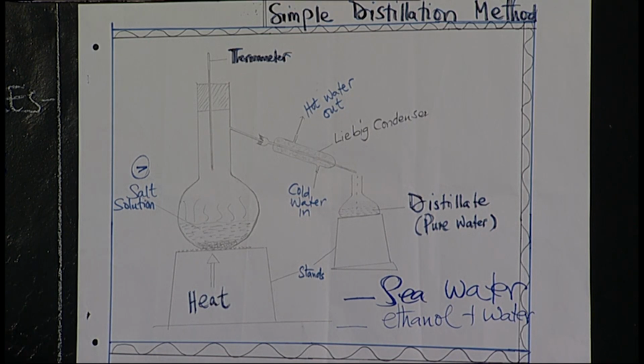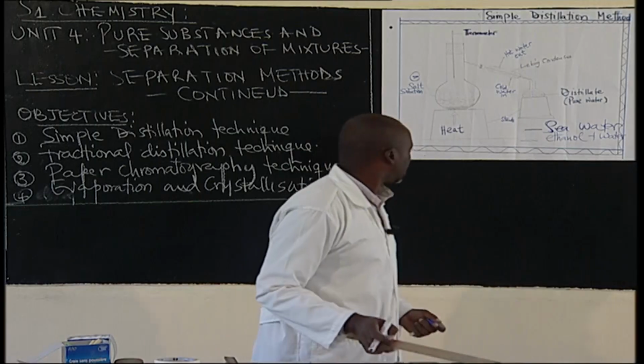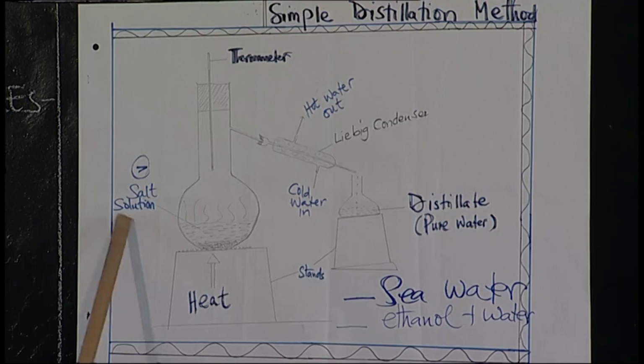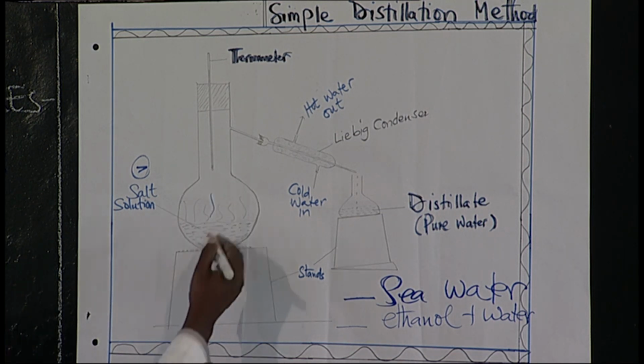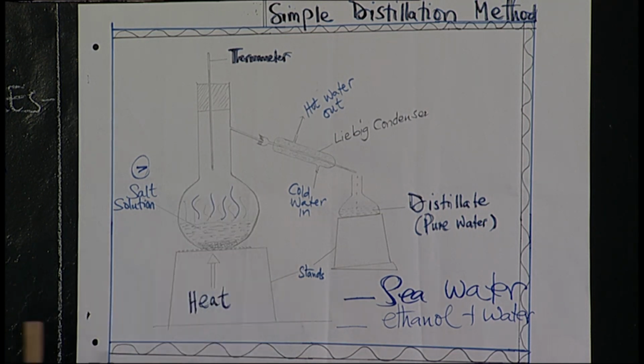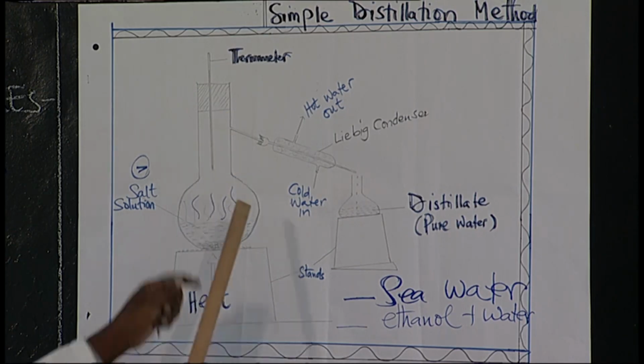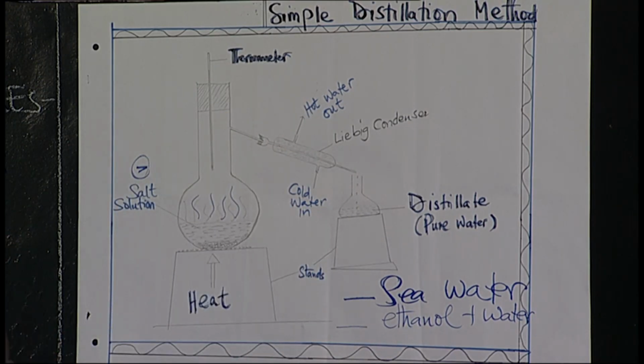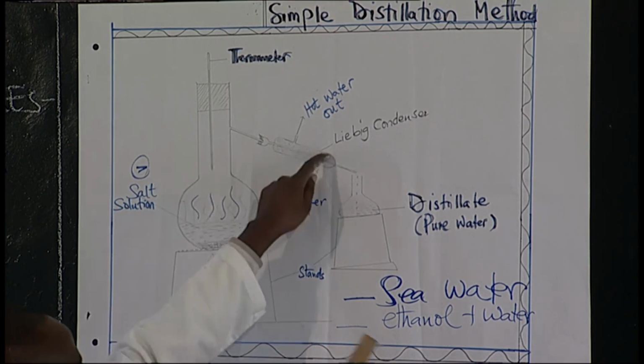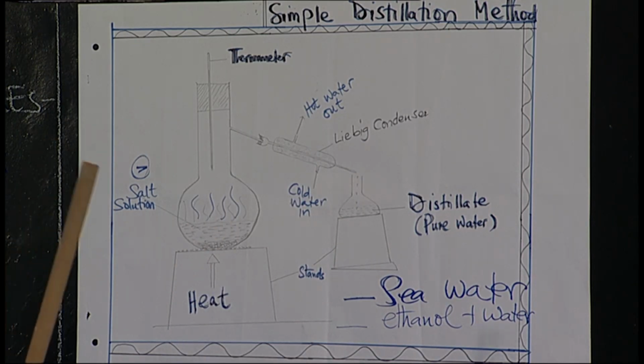So we are looking at the boiling point of these substances. When you heat the salt solution, the vapor of the water comes out. As it comes out, it enters into the Liebig condenser, where it is condensed.